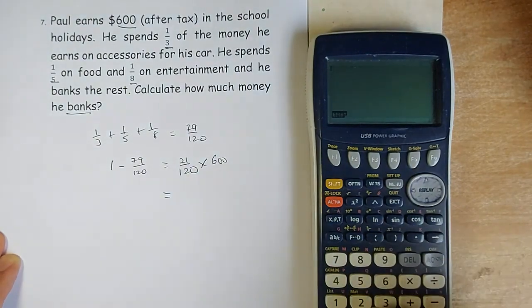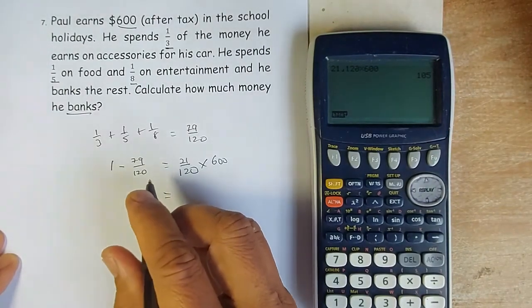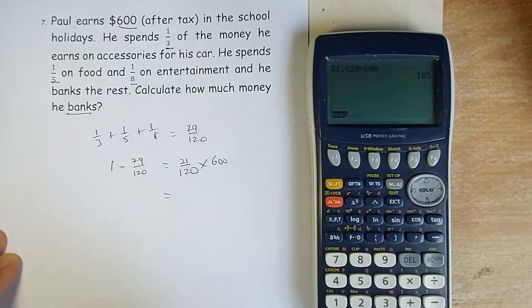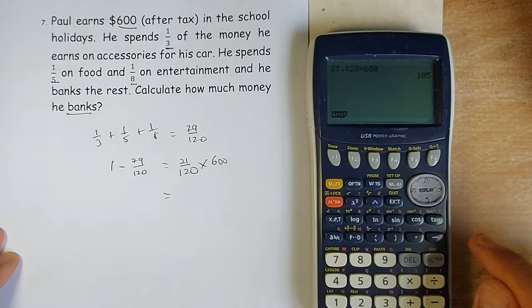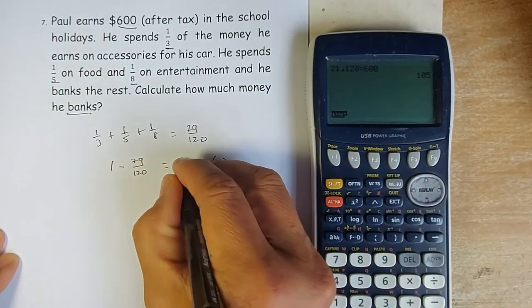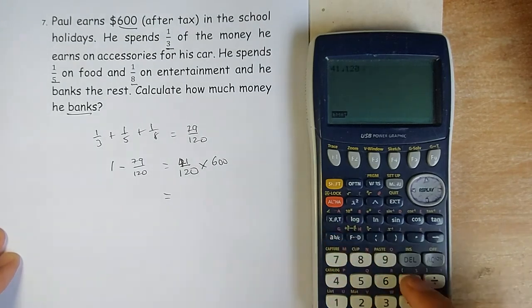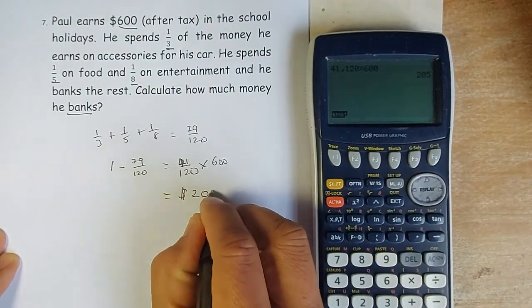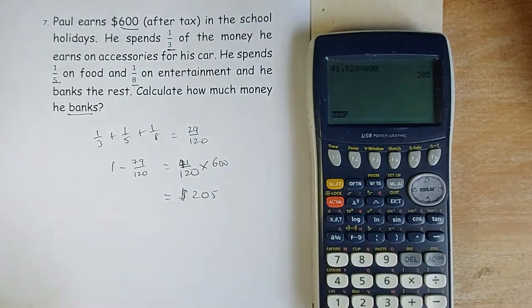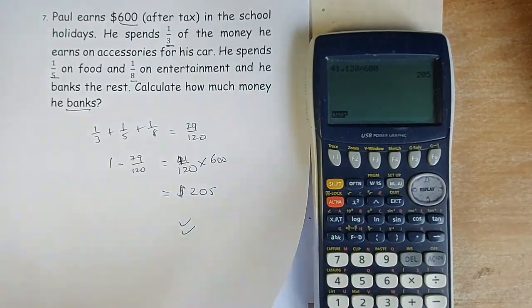Sorry, my mistake, it's 41 and not 21. So 41 out of 120 times 600, and you're going to get $205. That will give you 2 marks in the exam.